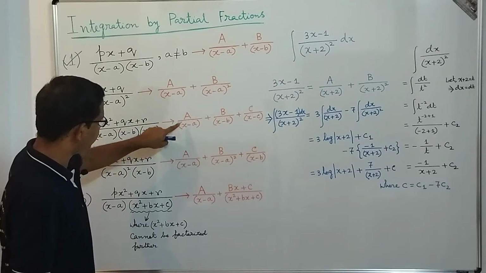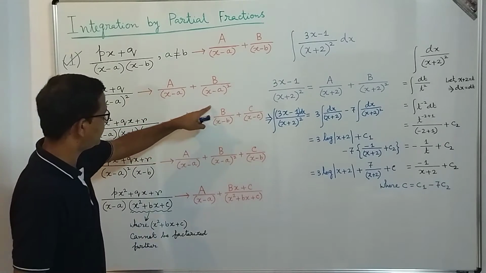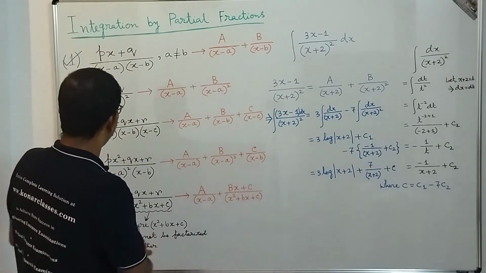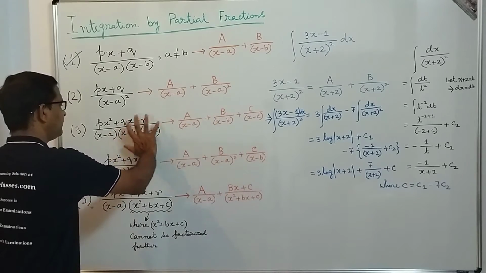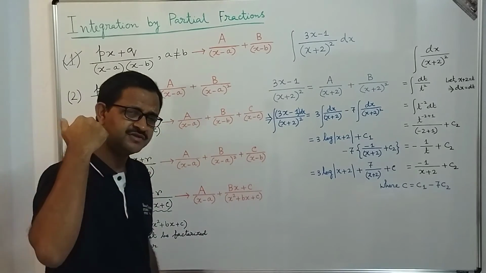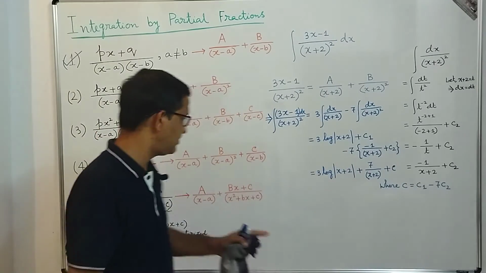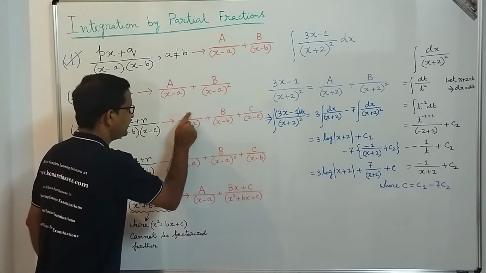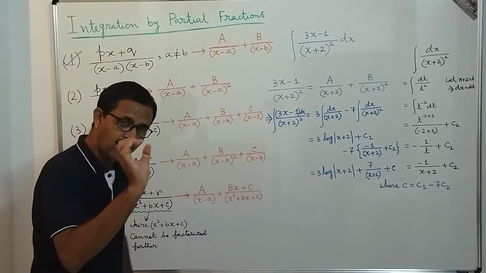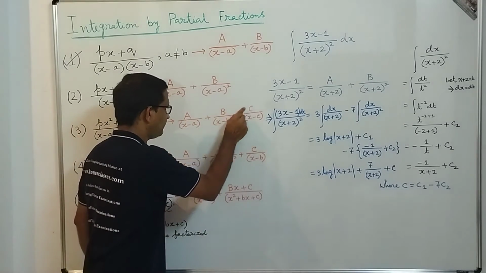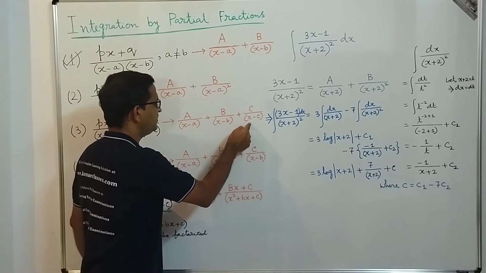We should write capital A by (x minus a) plus capital B by (x minus b) plus capital C by (x minus c). Then you perform the multiplication and use the same procedure we have used now and in the previous session to find the values of capital A, capital B and capital C. Once you find the values of these real constants, perform integration, very easy.